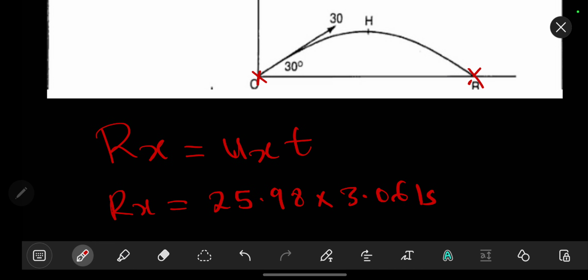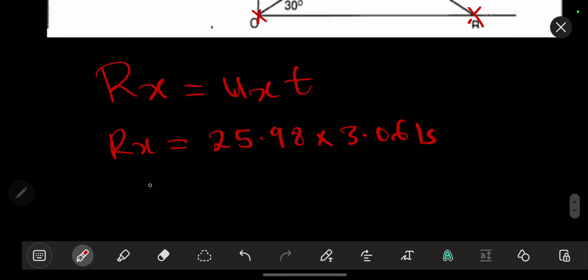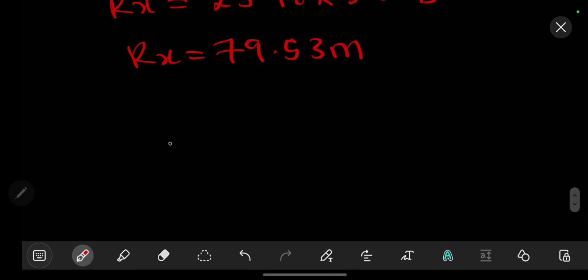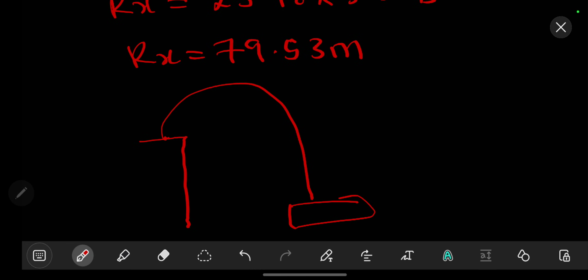This is going to give us a value of rx equal to 79.53 meters. So this formula is applicable for any situation, whether a projectile starts from here and then goes like that. It is applicable for any situation.